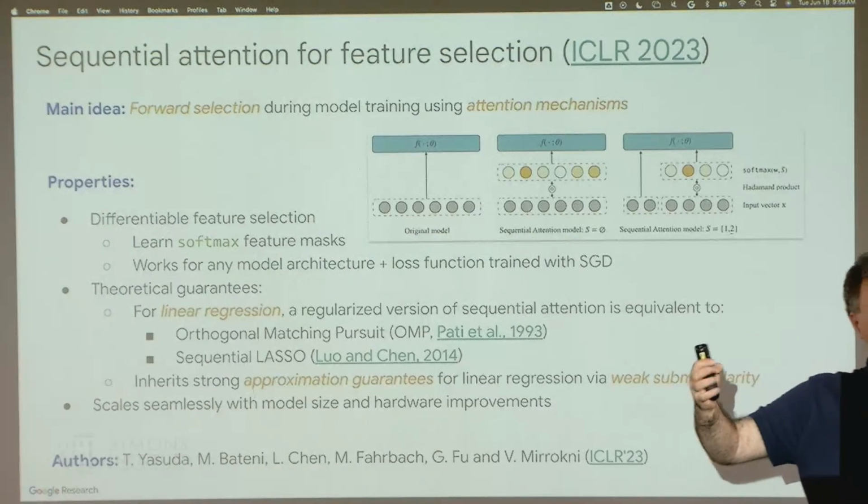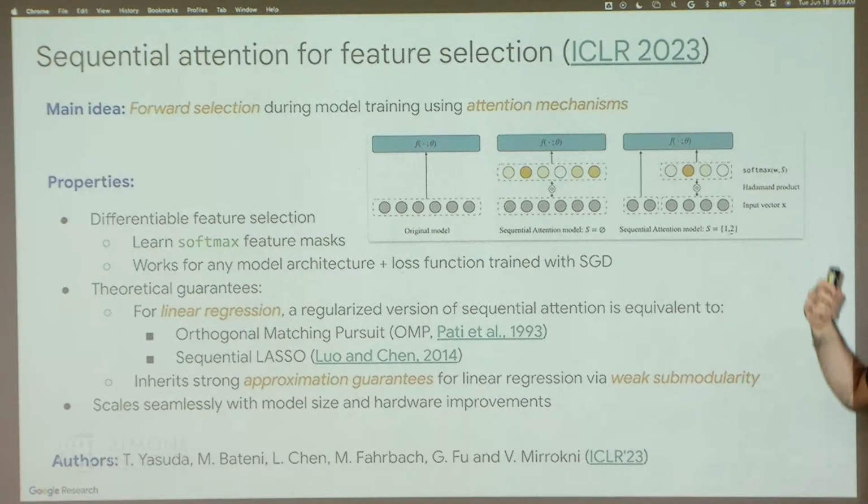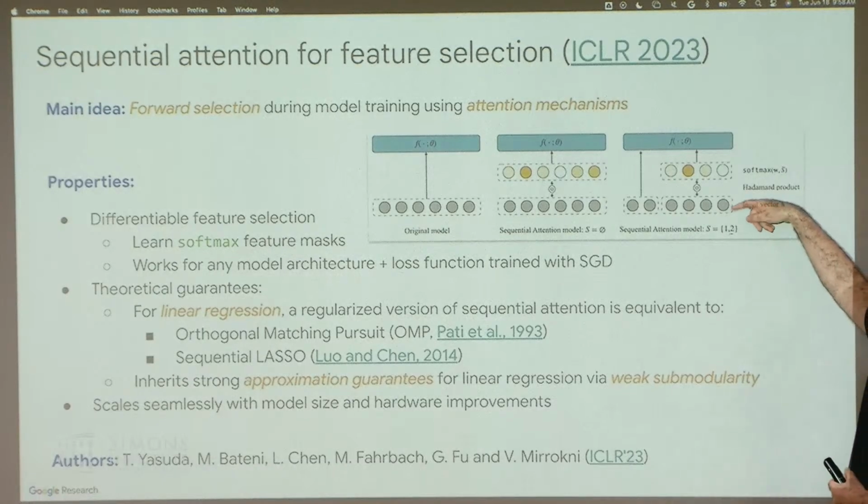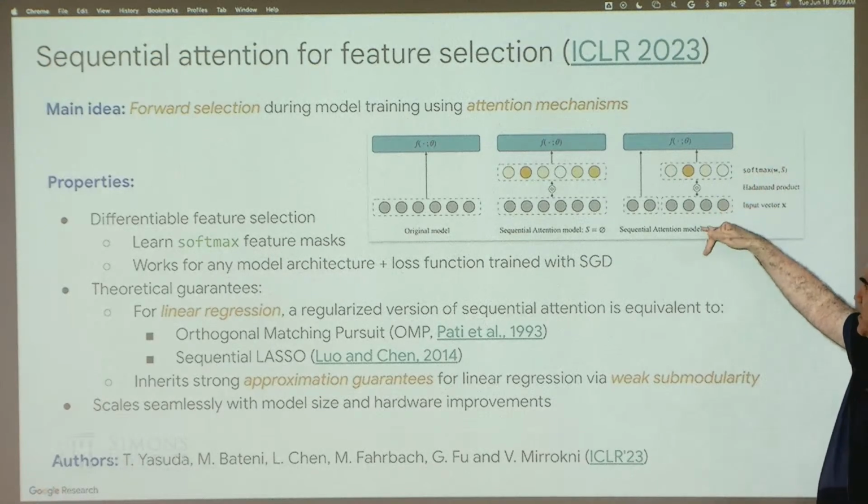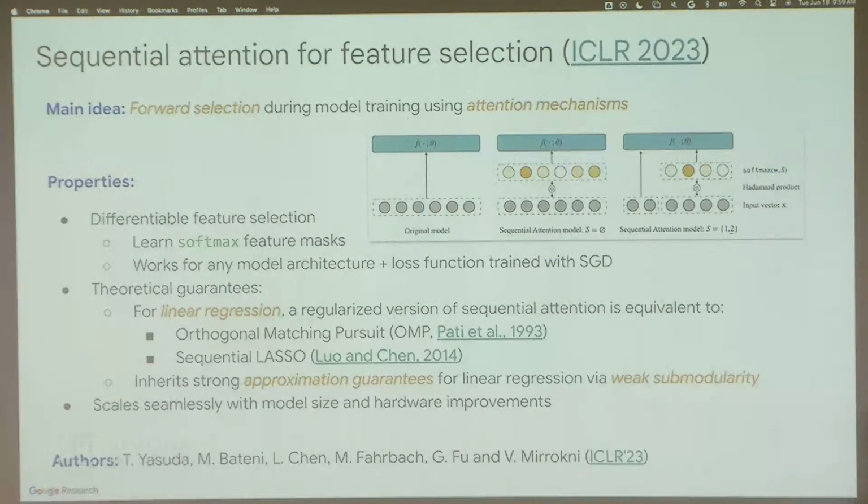So that's not efficient. What we do here is we keep track of a priority queue we call attention score. And instead of building the model from scratch, we only backpropagate one level to update the attention scores when we add a feature cross. That gives us a lot of flexibility and efficiency in this search algorithm.